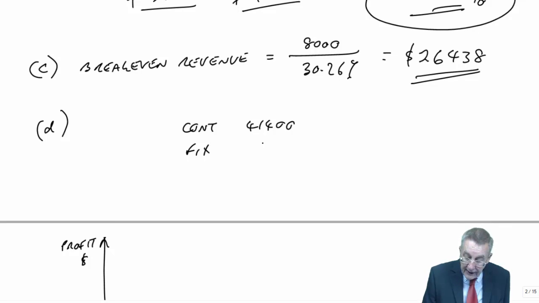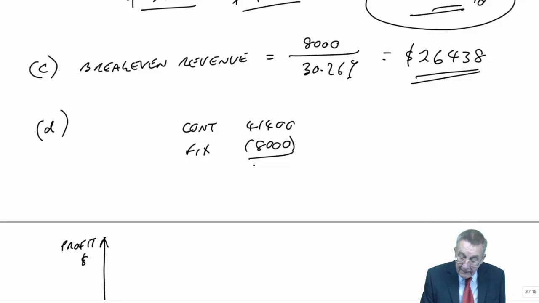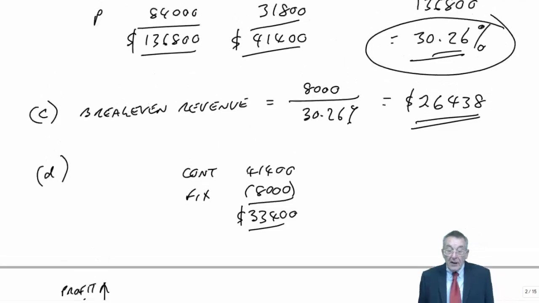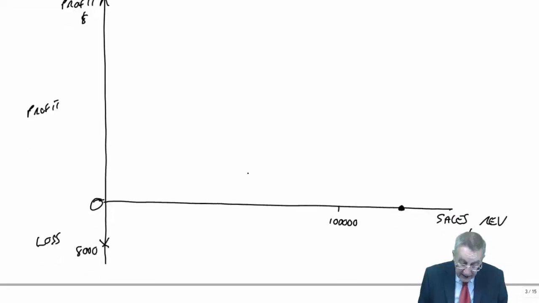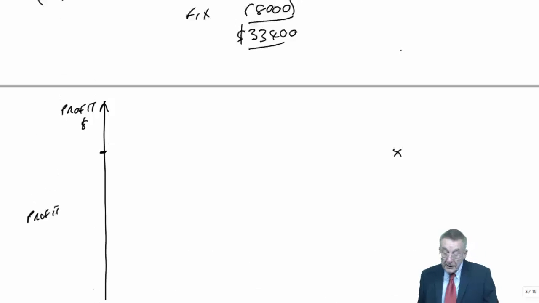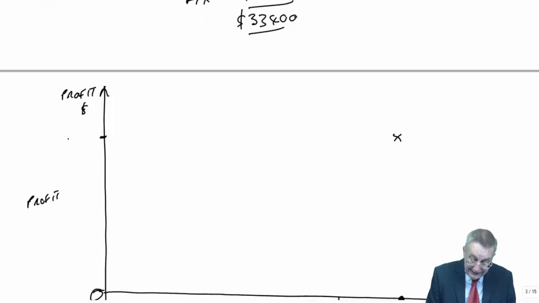So given there are fixed costs of 8,000, the profit for that revenue would be 33,400. So if the revenue is 136,800, the profit 33,400. So that's going to be 10, 20, 30, perhaps somewhere up here. What was it, 33,400?